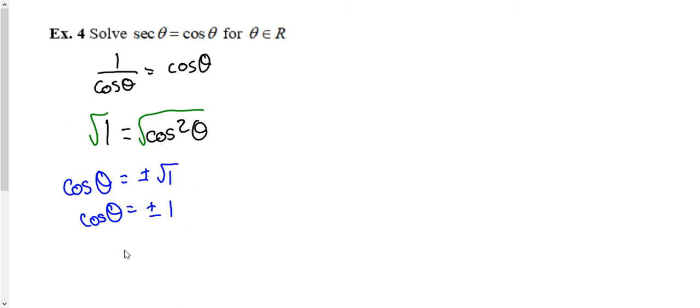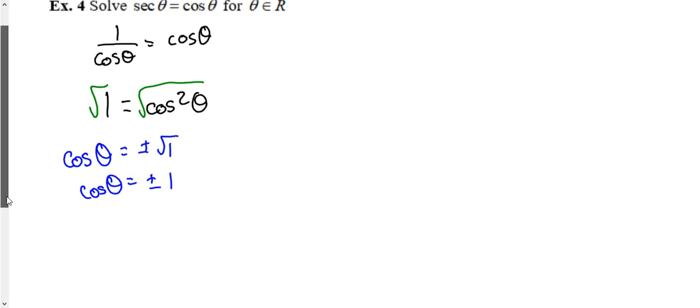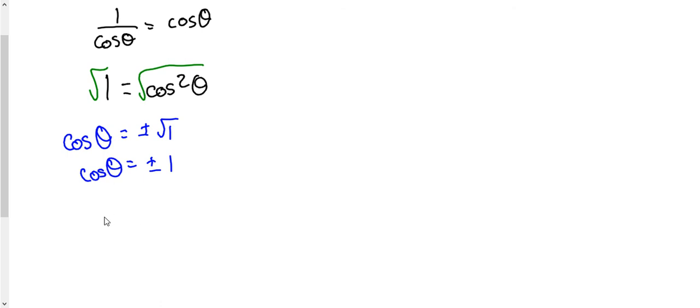Well, where does this occur? Well, cos theta is equal to positive 1 at theta is equal to 0 degrees and right back at 360 degrees. So if we went in a full rotation, cos theta is equal to negative 1 only at 180 degrees. There's only one position where cos theta is equal to negative 1.